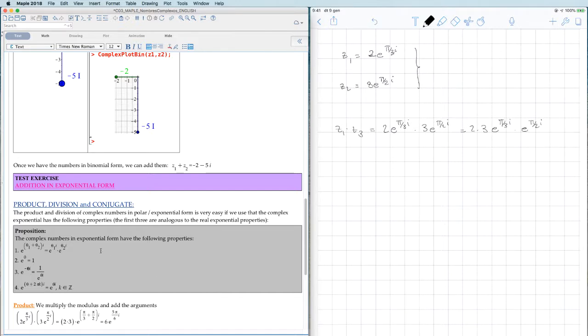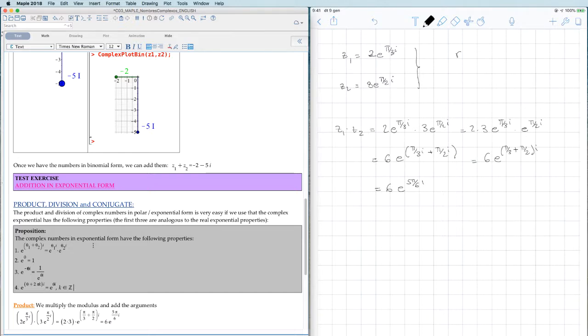So now using property 1 we can join the exponents. So now we can also take common factor, and now in the end we get 6e^(i5π/6). So what we have done is z1 times z2.